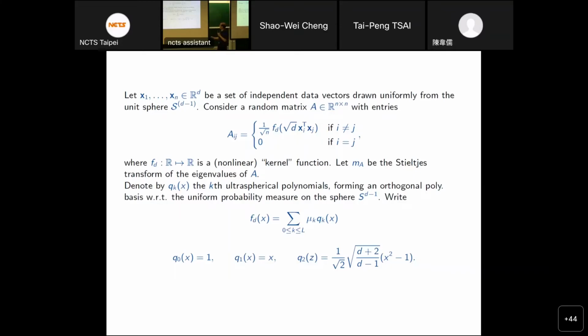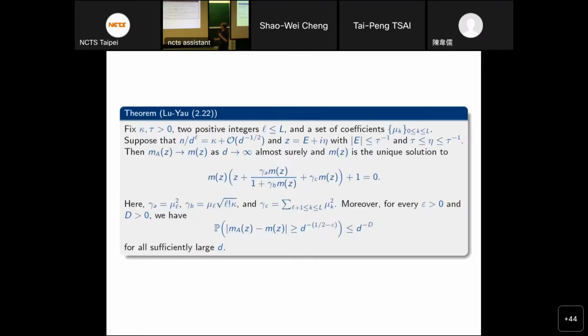The Q_k are the spherical harmonic polynomials, an orthogonal polynomial decomposition, and there is a coefficient for each orthogonal polynomial. Now n and d are both in high dimension, and n is the number of samples, d to the L, where L is an integer and can be 1, 2, 3, or some arbitrary number.